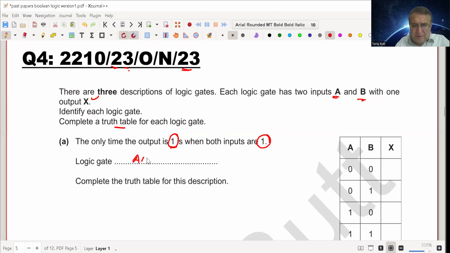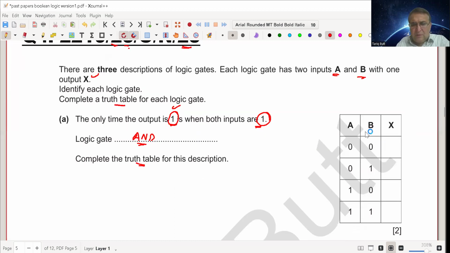Yes, that is the AND gate. You know, the output of an AND gate is 1 when both of its inputs are 1, otherwise 0. Further, it is asked that you draw the truth table. So output is 1 when both of its inputs are 1, otherwise output is going to be 0. That's it. Fine.